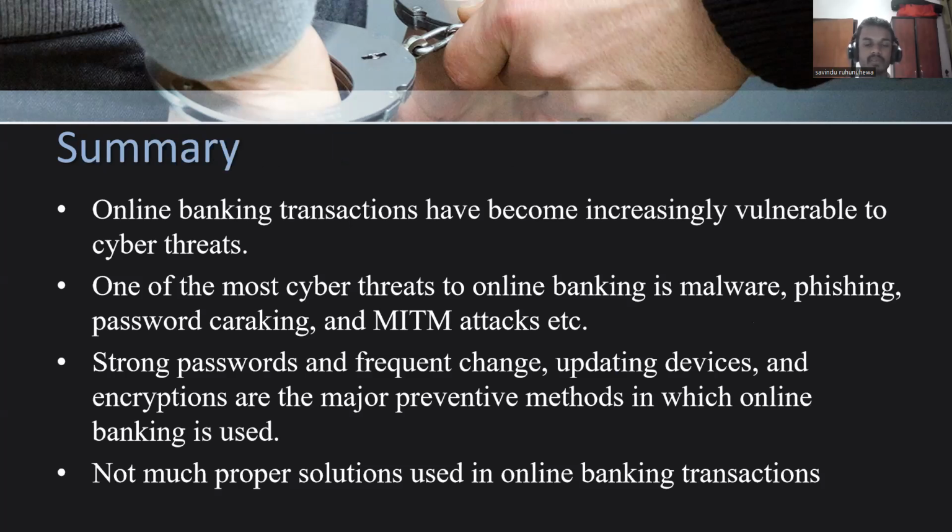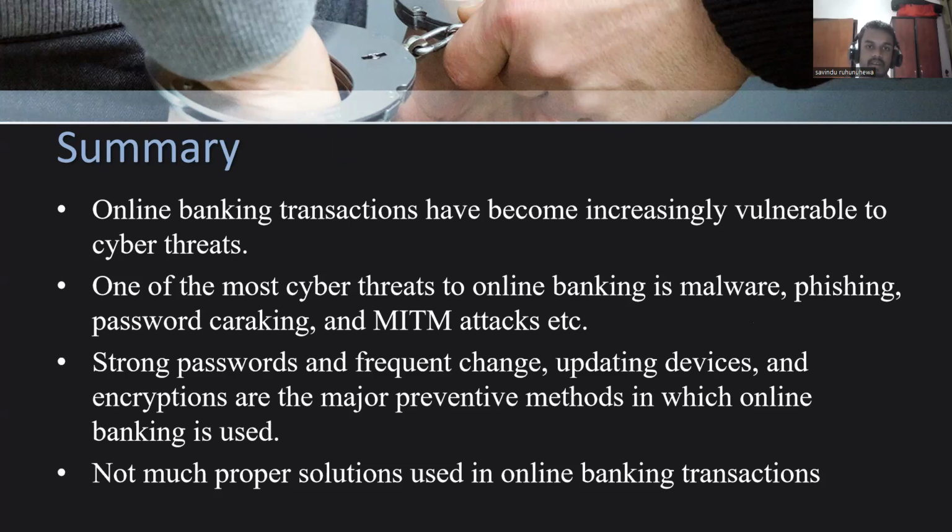Summary. Online banking transactions have become increasingly vulnerable to cyber threats. Cyber attacks can have several impacts on the security and stability of the financial system as well as the trust and confidence of customers in online banking. One of the main cyber threats to online banking is phishing.